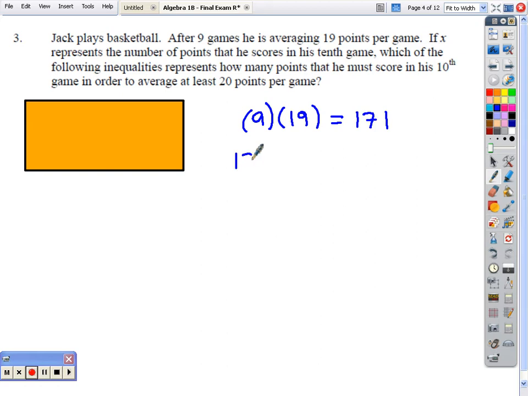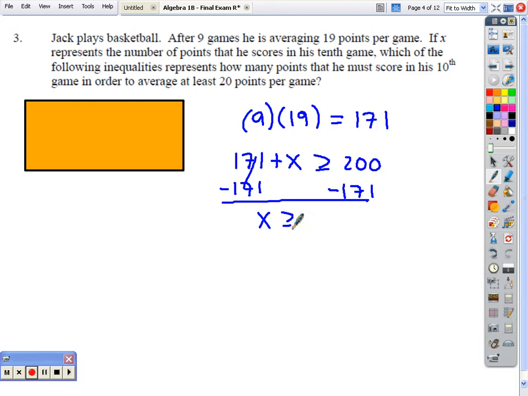I'm going to say 171 plus x is greater than or equal to 20 points per game times 10, which would be 200 points. And I'm going to solve this one-step inequality, and x has to be greater than or equal to 29 points.